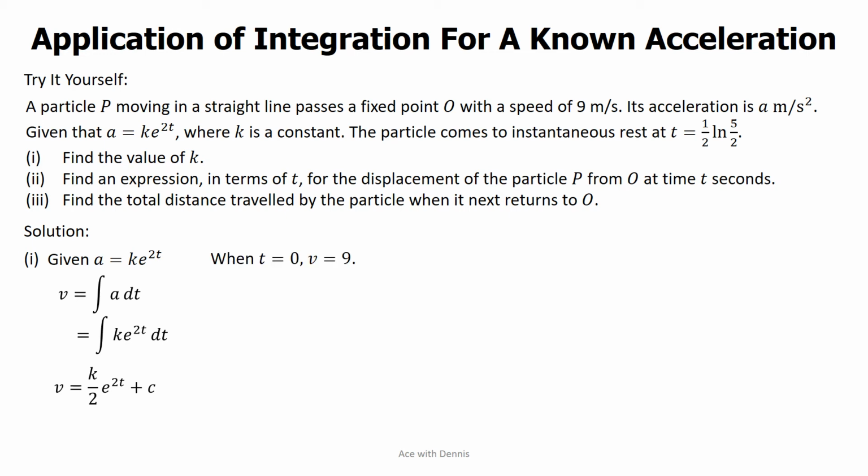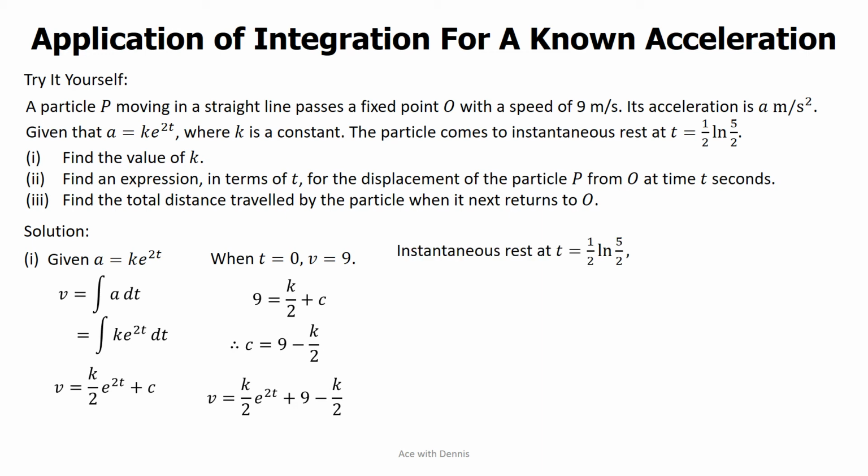Given that the initial speed is 9 meters per second, which means that when t equals 0, v is 9. Substituting the values into the equation, we get 9 equals k over 2 plus c. And we get that c equals 9 minus k over 2. Hence, we can rewrite the equation as v equals k over 2 e to the power 2t plus 9 minus k over 2.